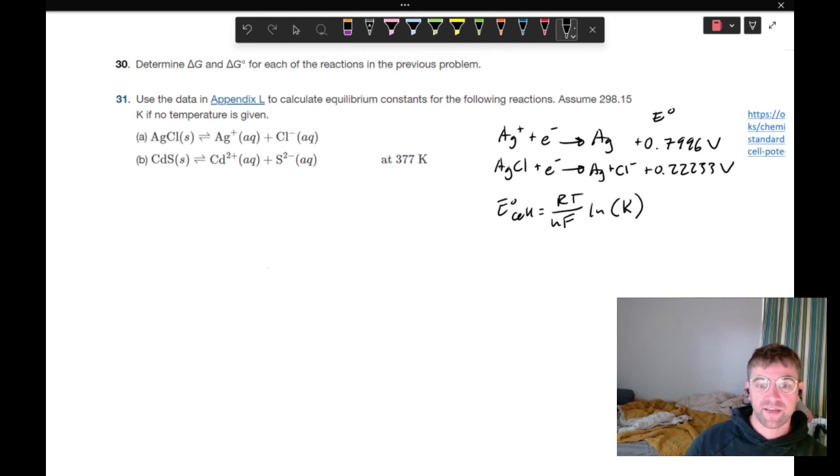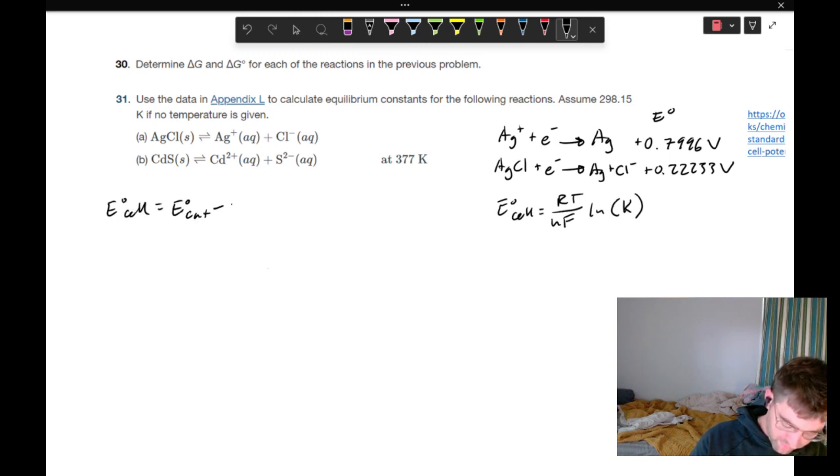All right. Use the data in Appendix L to calculate equilibrium constants for the following reactions. Assume 298.15 Kelvin if no temperature is given. There's no temperature given for A. That's the one I'm going to do. And it's, again, cathode minus anode.